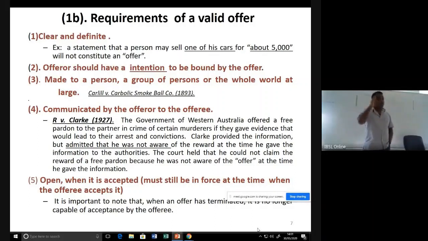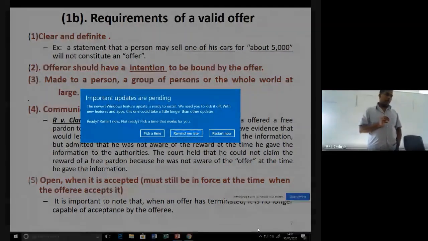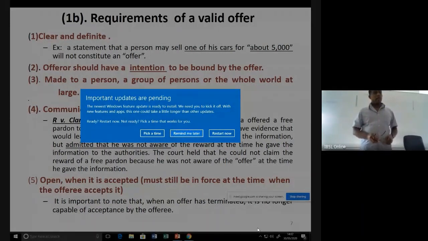So it has not been communicated to you, and you have not accepted our offer. So he couldn't get the pardon because of that. That is the other important point you have to remember: an offer has to be communicated to the offeree by the offeror.